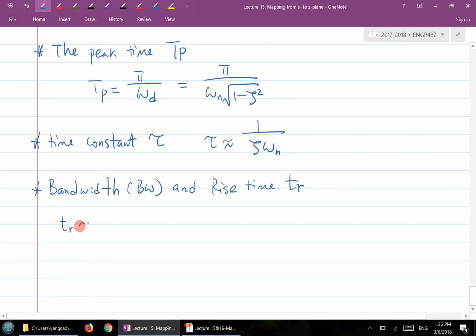TR is approximately 1.8 over Wn. So rise time refers to the time it takes to reach 90% of the steady state value. And then the bandwidth of the system is approximately 0.35 over TR.